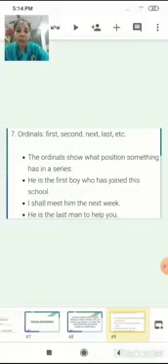You might have noticed, students, over here that we also use another determiner, an article, placed before the ordinal determiner. Like in both the examples, we have used the. Similarly, in the next example, he is the last man to help you.